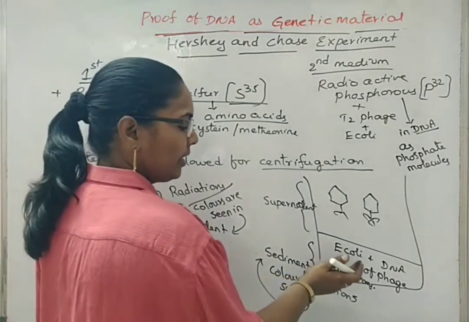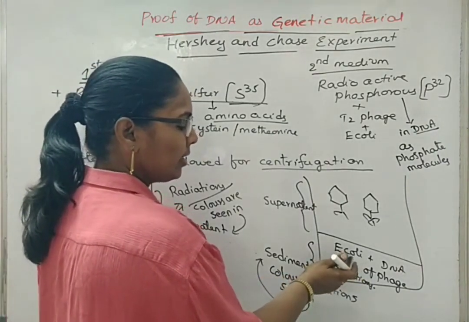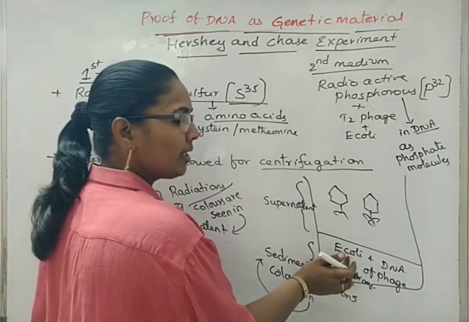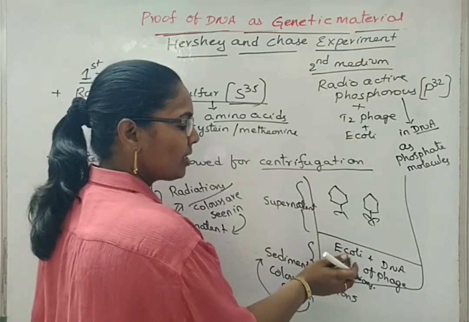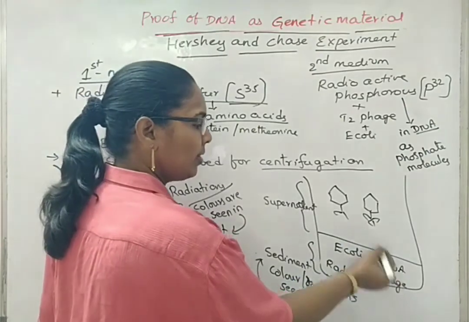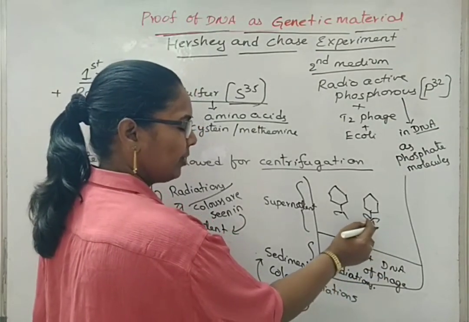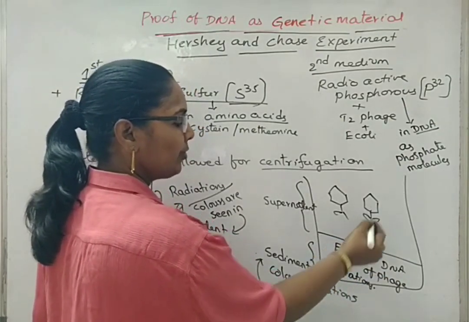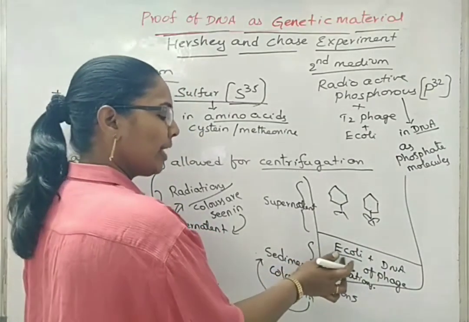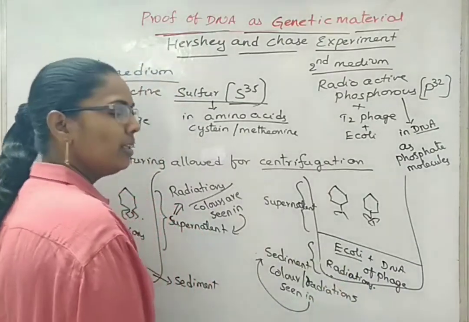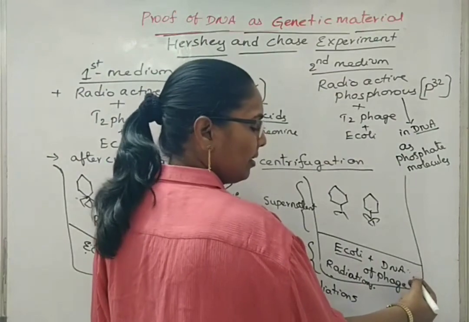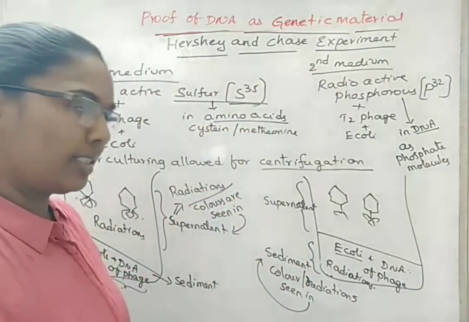But here, in case of radioactive phosphorus 32 containing DNA, DNA is present along with the E. coli, and later this caused the damage of the E. coli cells, and the radioactive phosphorus which is given for T2 phage is later seen in the genetic material temporarily of the E. coli, and immediately E. coli has undergone the lysis, and a number of T2 phage virulent particles have been formed in the next stage.